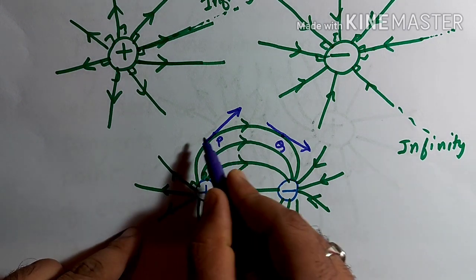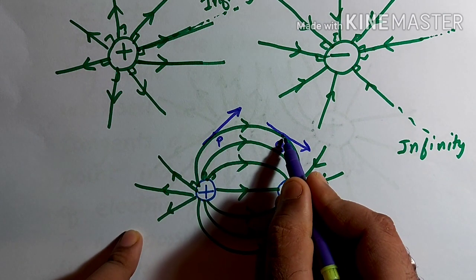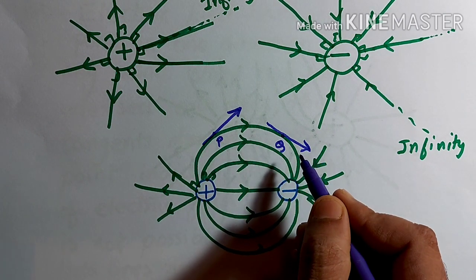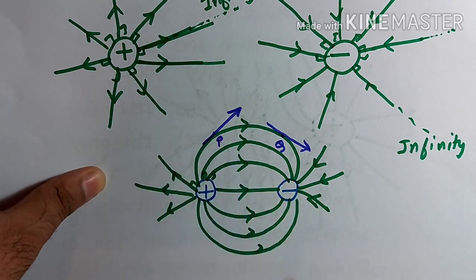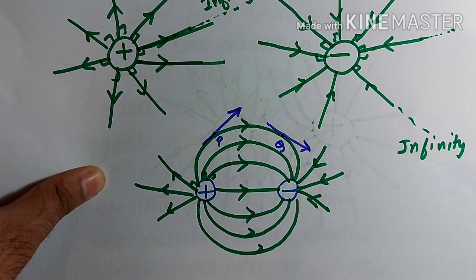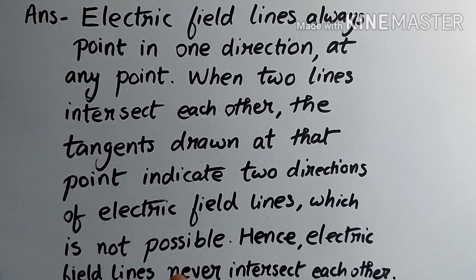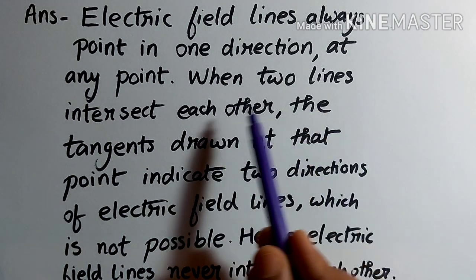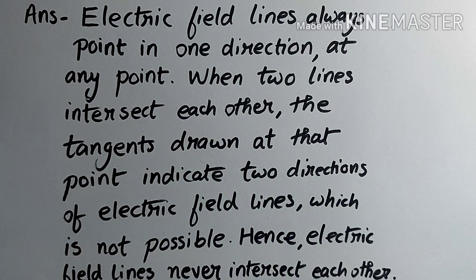We can't have multiple directions at a single point. If the point is different, then the direction might be different, but at a particular point, the direction of electric field is a single unidirectional one. Now, the answer says the electric field lines always point in one direction at any point. Clear? When two lines intersect each other, the tangent drawn at that point indicates two directions of electric field.